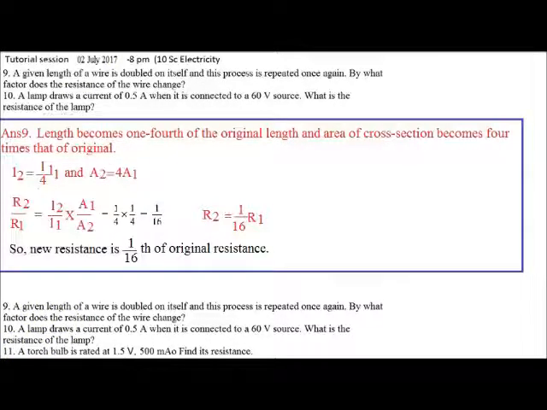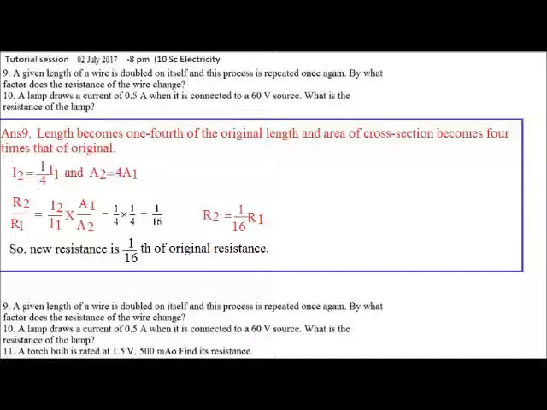Now question number 9. A given length of a wire is doubled. So doubled means that if original length was, let us say, L, then the second time it has doubled, so it becomes 2L. Right. A given length of a wire is doubled on itself and this process is repeated once again. By what factor does the resistance of the wire change?